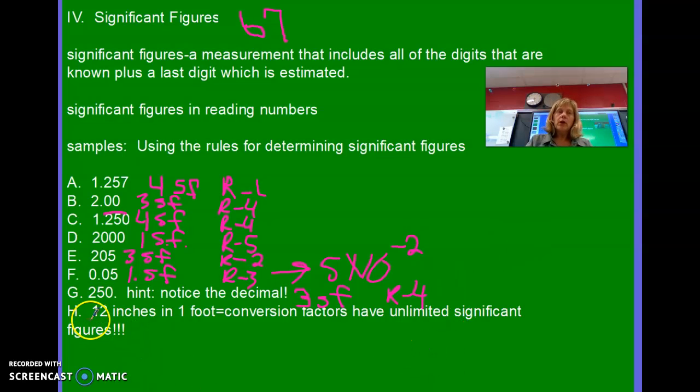I do want to caution you, so H, and this is a hard and fast rule, when we do dimensional analysis and we use conversion factors, we never let our conversion factors limit the number of significant figures in our answer.